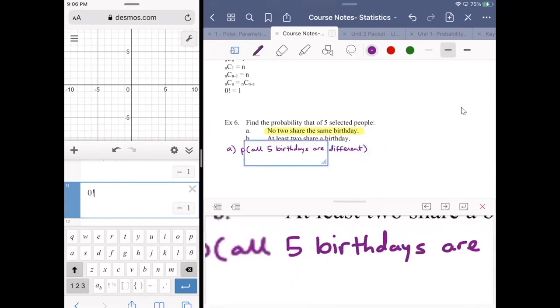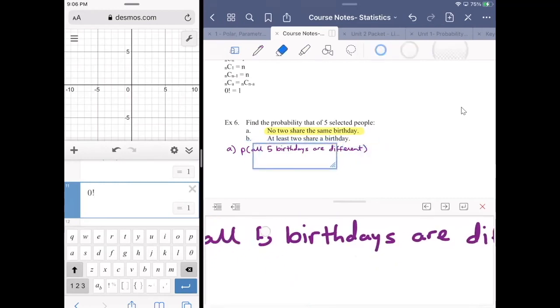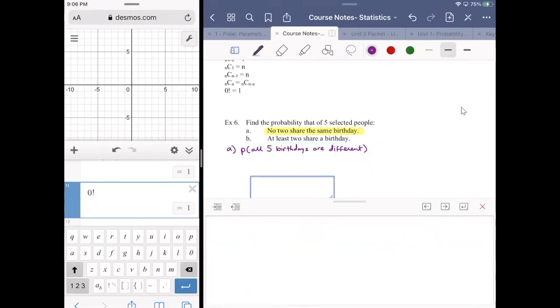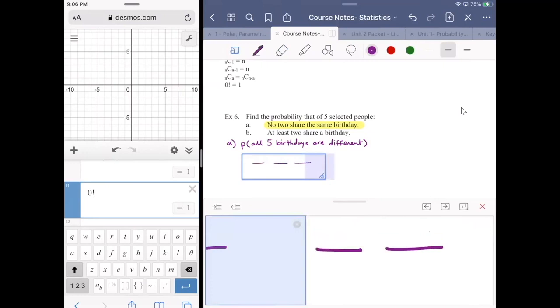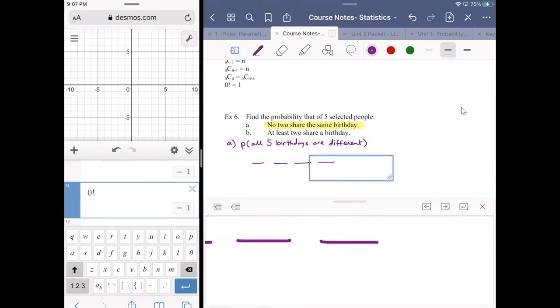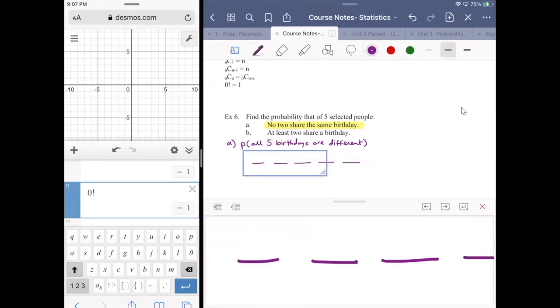So if you're saying that no 2 people in the room, you have 5 people in a room, no 2 people have the same birthday, we're saying they all have different birthdays. So that's what we got to look at. We got to say that the first birthday is different from the second birthday, which in turn is different from the third birthday, which in turn is different from the fourth birthday, and followed by being different from the fifth birthday.